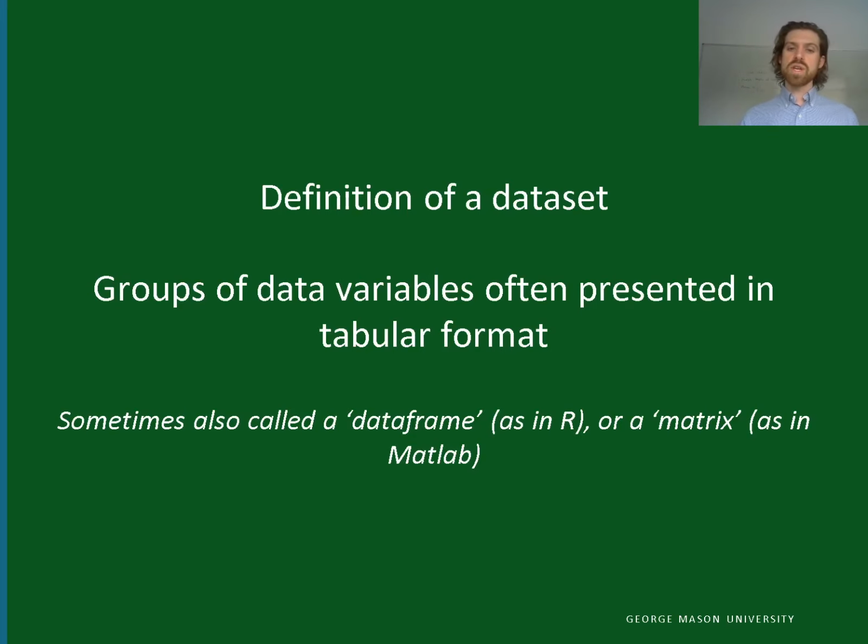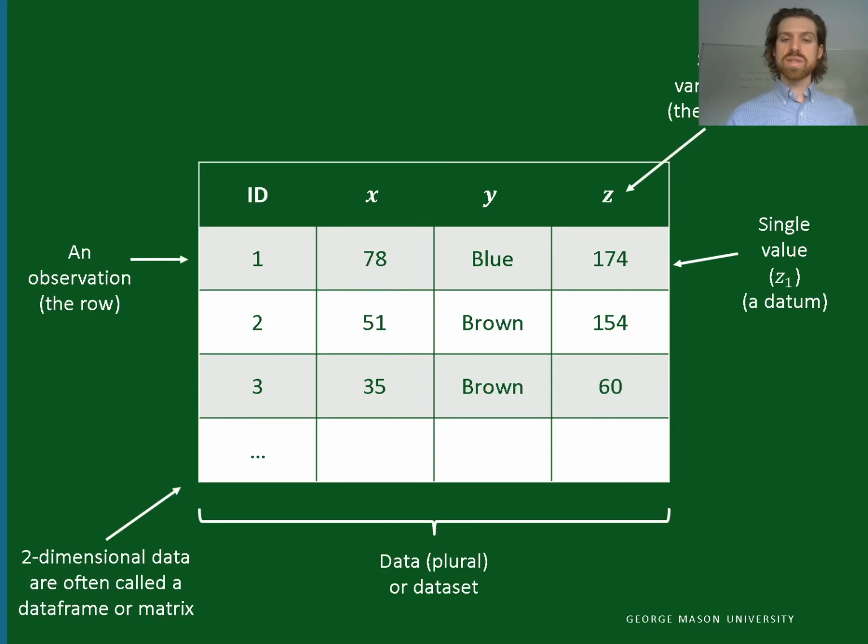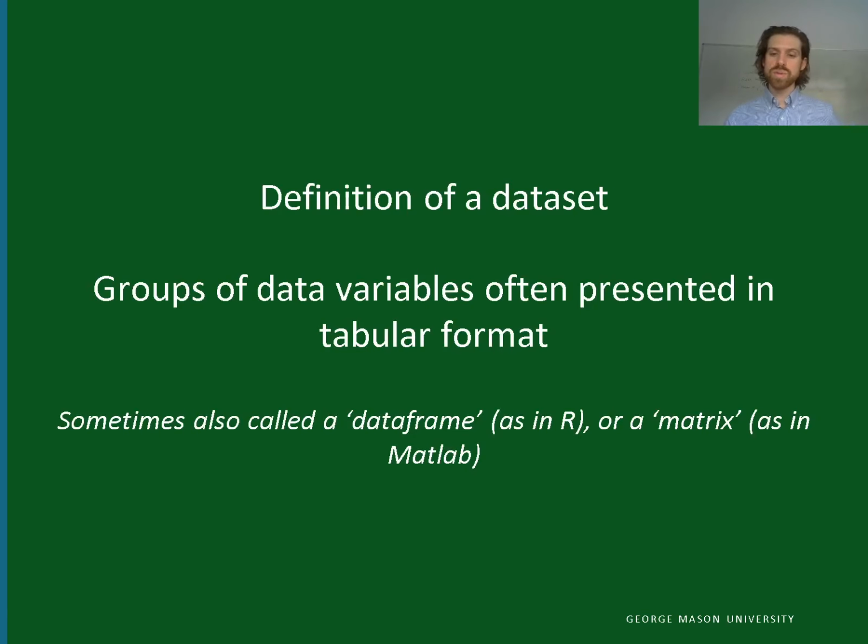Well, what's the definition of a data set then? And really that's a group of data variables often presented in a tabular format. So we've spoken already about this essentially being a data frame that you can see here. But also I emphasize the fact that in mathematics you might also have this referred to as a matrix if it's fully quantitative.